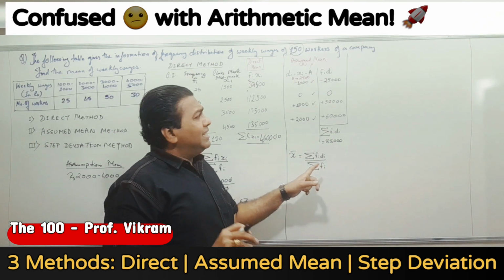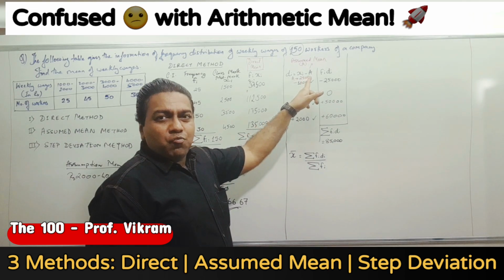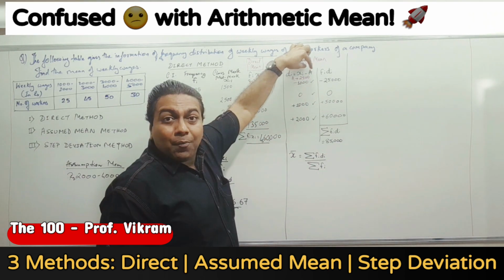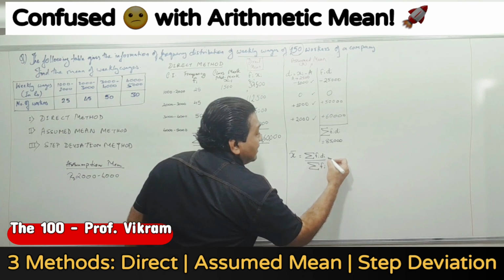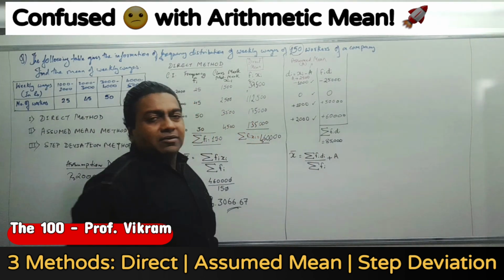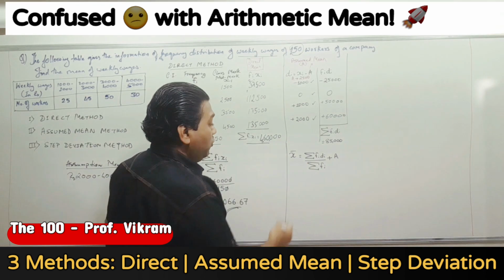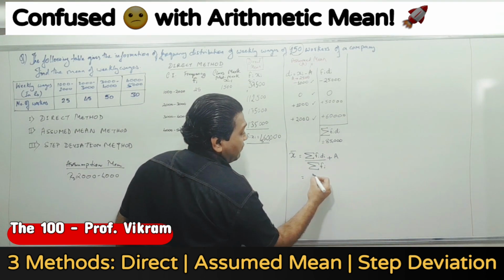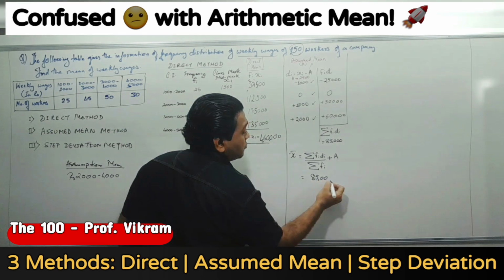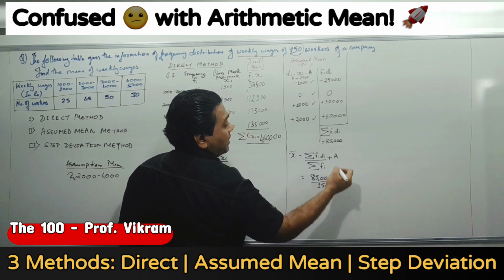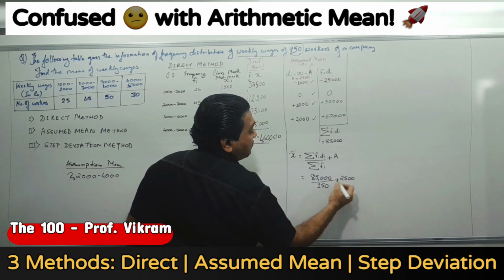And one more addition: because we have subtracted the assumed mean a, in the mean you will add that value to the final answer so that you get the right value. Let's check. Summation of fidi is 85,000 divided by 150, plus my assumed mean 2,500.